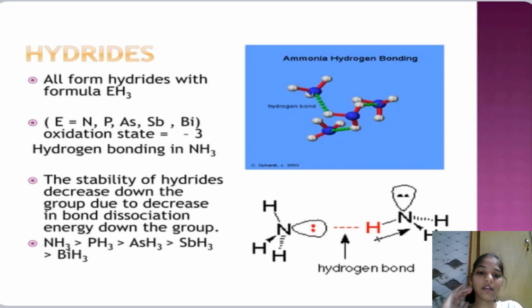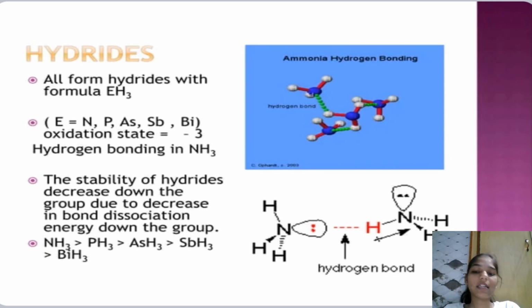Hydrogen bonding in ammonia. The stability of hydrides decreases down the group due to decrease in bond dissociation energy down the group. Next, we can see hydrogen bonding in the case of ammonia as shown here, because we see hydrogen bonding with atoms of small size and with high electronegativity.